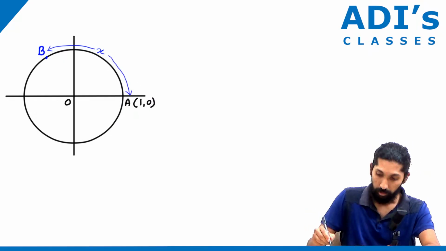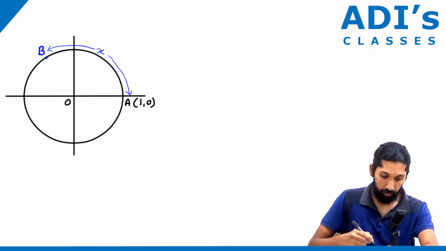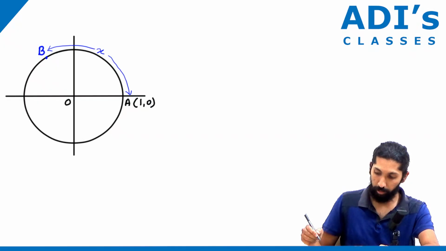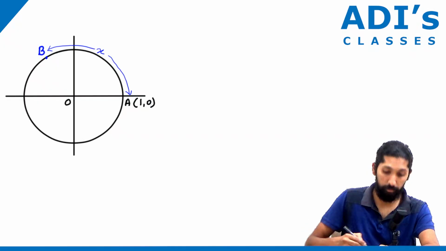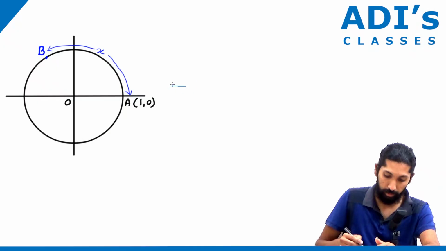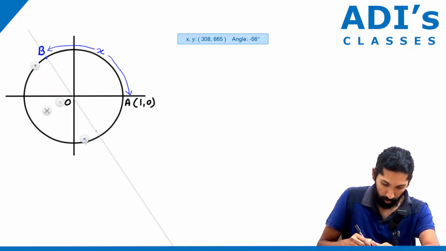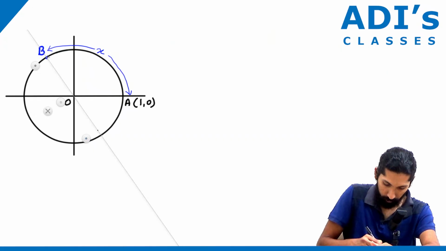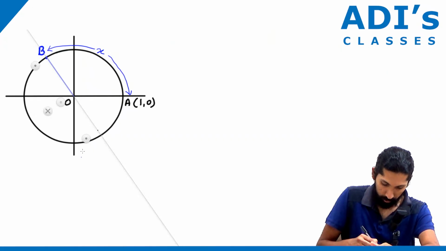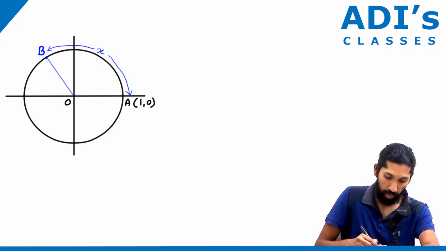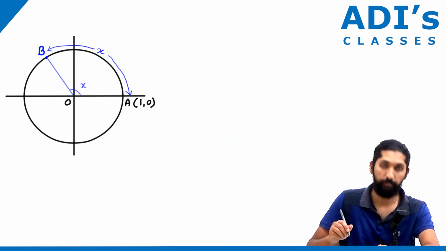Now we are going to take a line and join from here to the origin. Once you join this, this particular angle is going to be x.